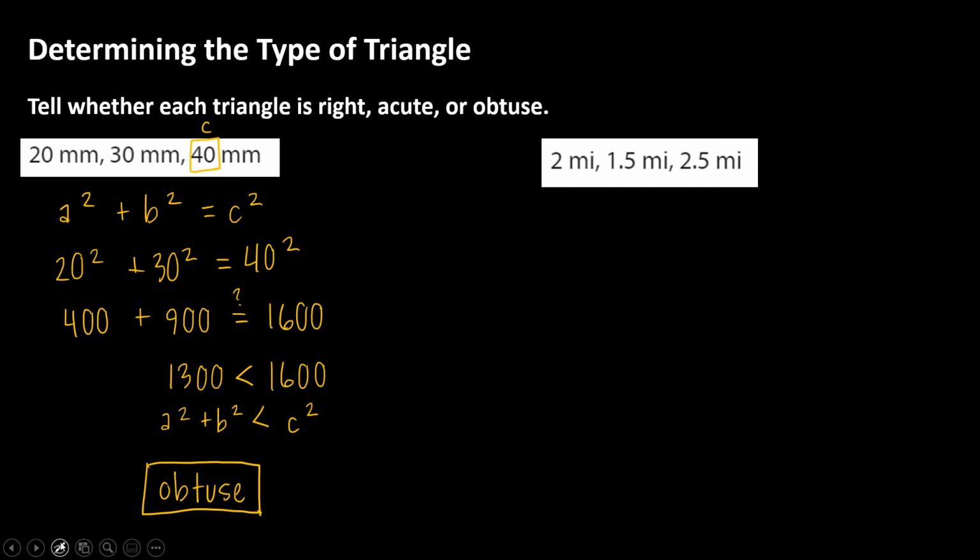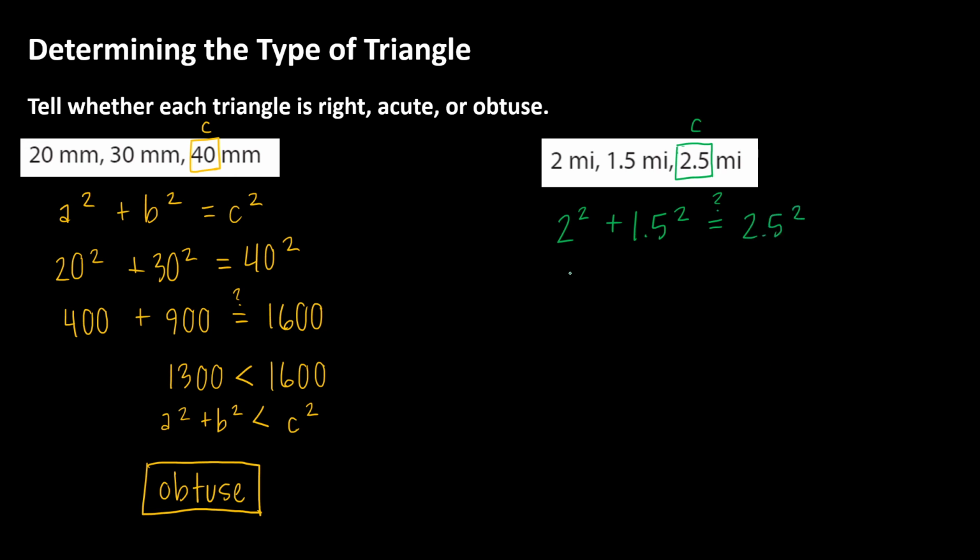Let's try out the second example, where I have side lengths of 2 miles, 1.5 miles, and 2.5 miles. Decimals are common side lengths. All right, identifying the longest side, greatest value is 2.5 in this scenario, so this is going to be my C. The other sides are A and B. Setting up the Pythagorean theorem here, 2 squared plus 1.5 squared is possibly equal to 2.5 squared.